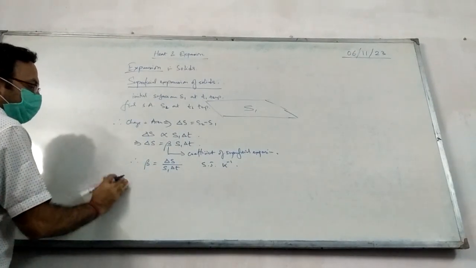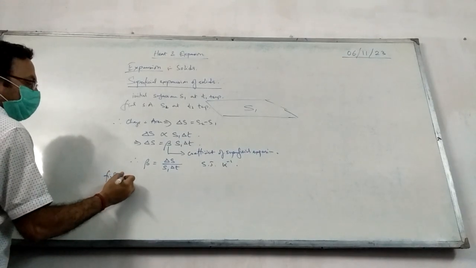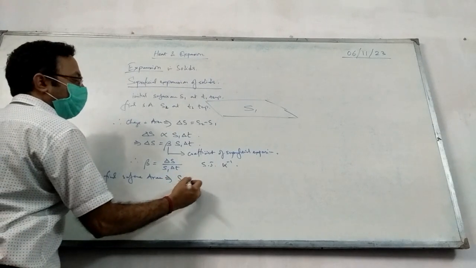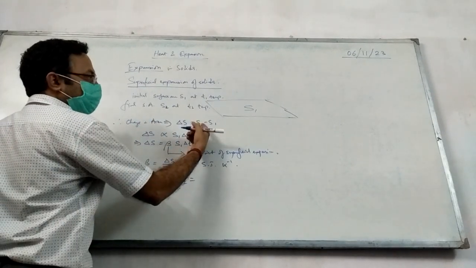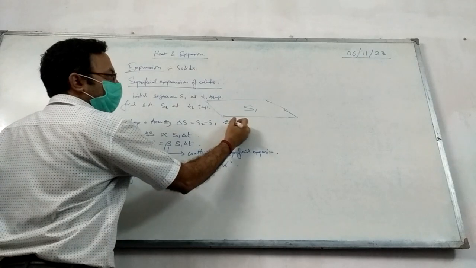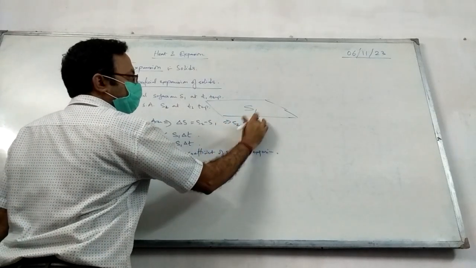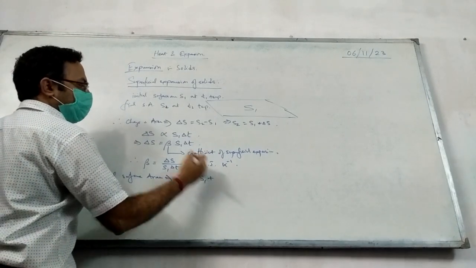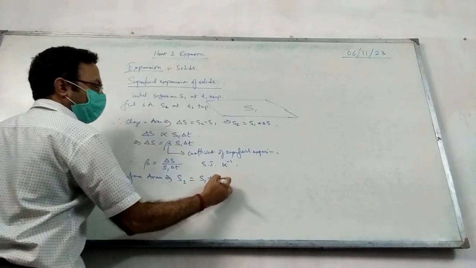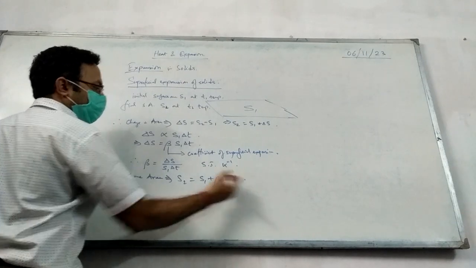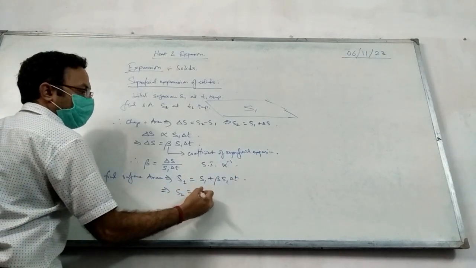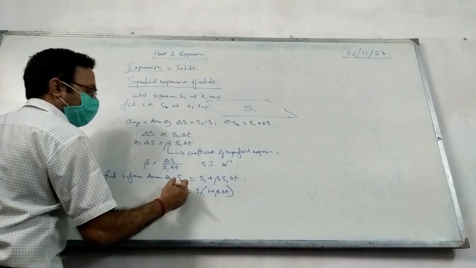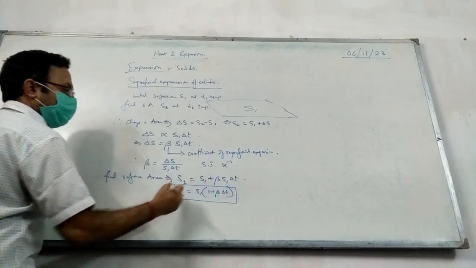Now if you want to find the final surface area, S2 is equal to S1 plus delta S, right? Delta S is beta S1 delta T. So of course you get S2 as S1 taken common, 1 plus beta delta T. If you want to find the final surface area, use this one.